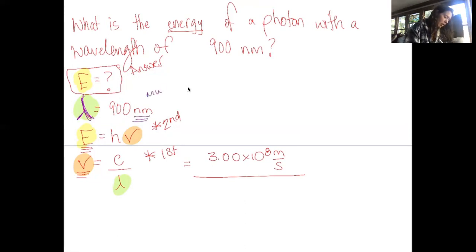I must convert to meters, right? Because down here I have meters in my 3.00 times 10 to the 8th. So I'm going to erase this because I can. I'm going to fix that because I made it very messy. Okay. And I'm going to draw my T-chart.